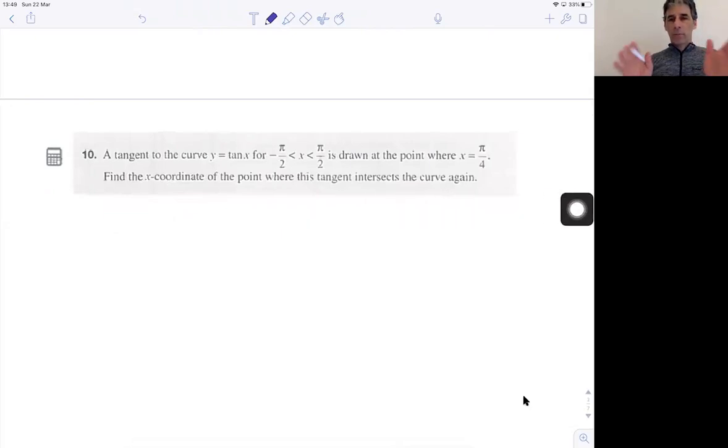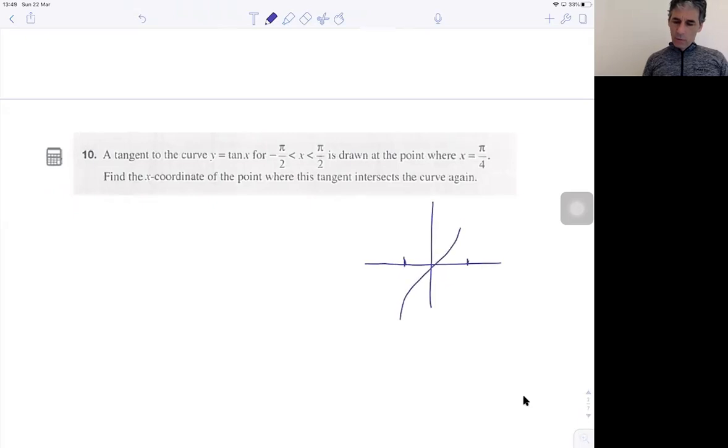Okay, so I'm imagining some graph of tan x. It's a calculator question, so we can actually take a look at it. We will in just a second. I can see the graph of tan of x. Okay, so even though I have my calculator, maybe I'm doing the reading time of the question, I know that tan x between minus pi over 2 and pi over 2 looks like this.